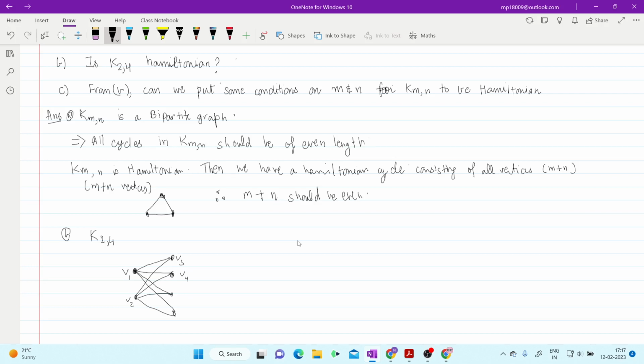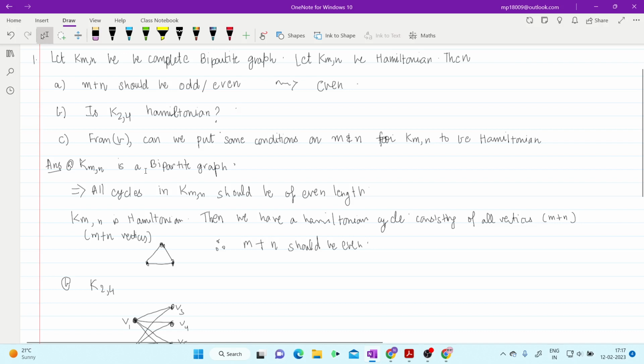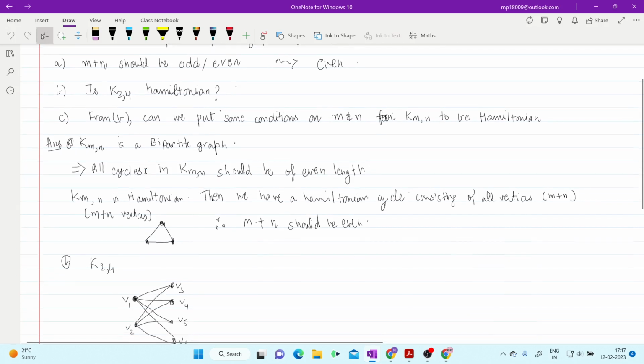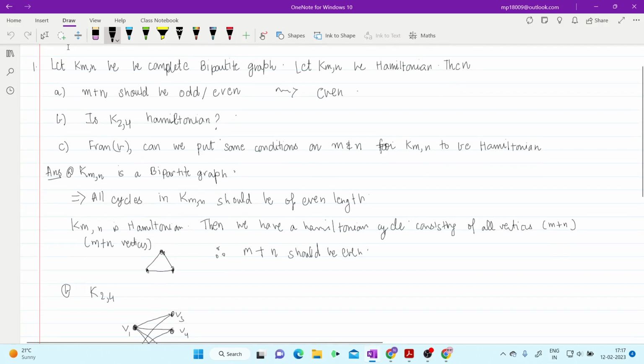Why? Because 2 plus 4 is 6, it is even. Yes, but see, we know that m plus n should be even. So this is a necessary condition, but not a sufficient condition. Here we have just got that if Kmn is a bipartite graph, then m plus n should be even.